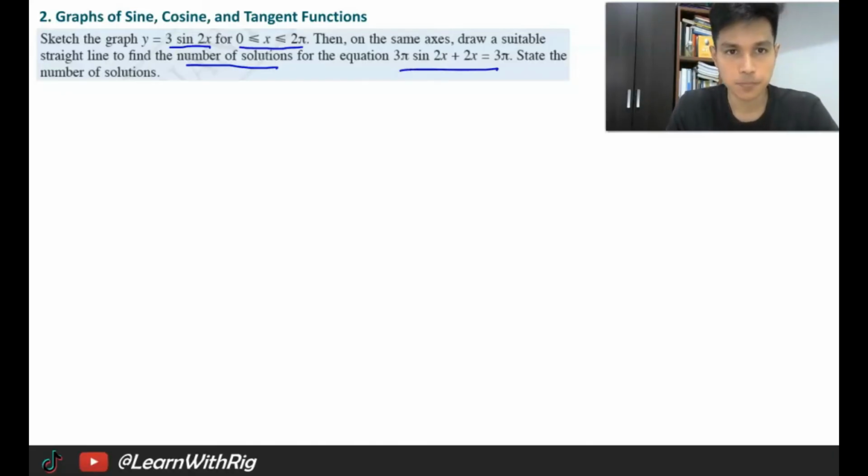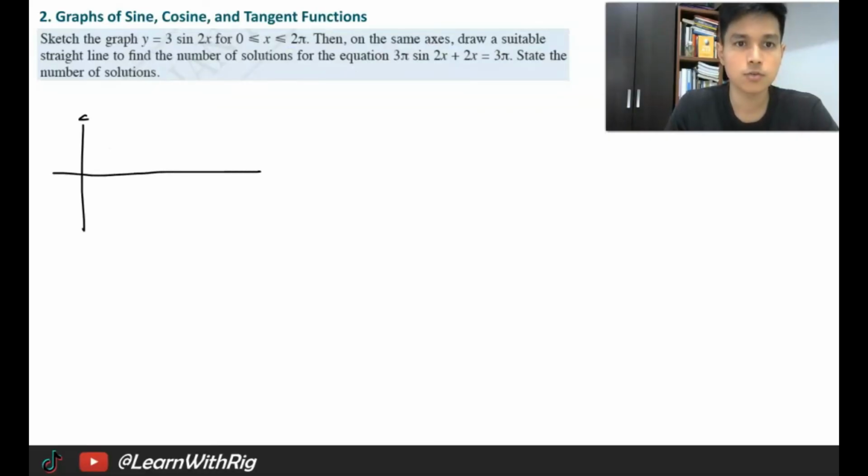Okay, first we have to plot this graph. Okay, plot it first. So y equals to 3 sine 2x. So 2x means 2 cycle, and then the amplitude is 3. Okay, so let me erase this first. So it looks like this. 2 cycles, they said 2x, so it's 1 and 2.